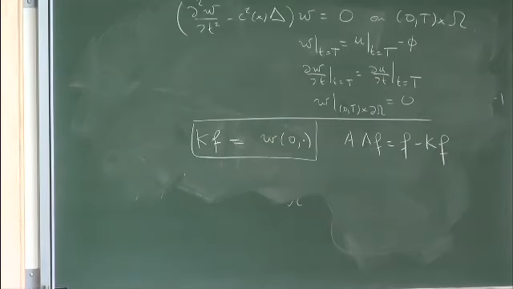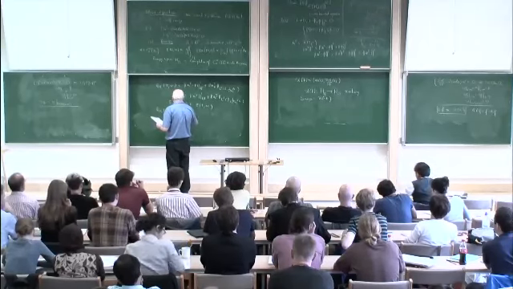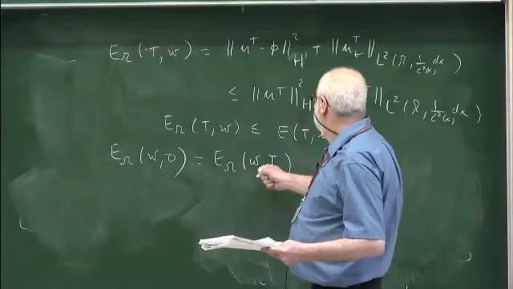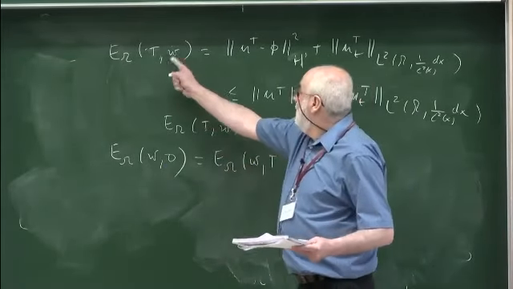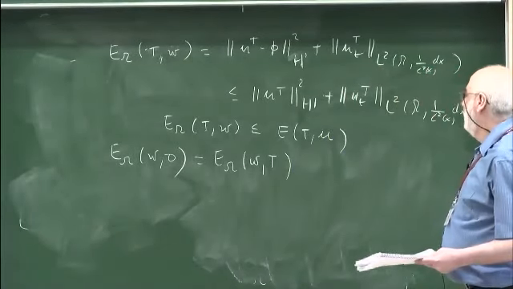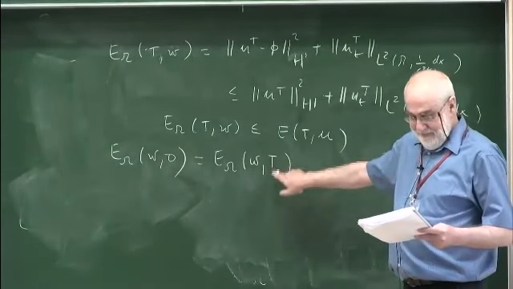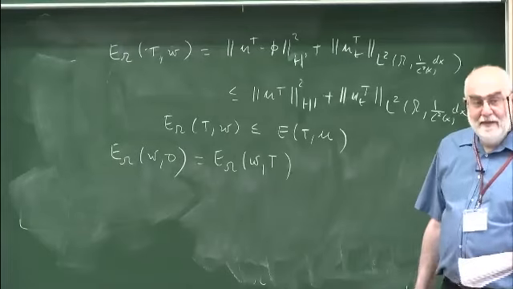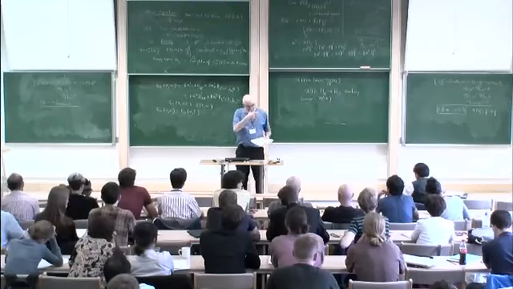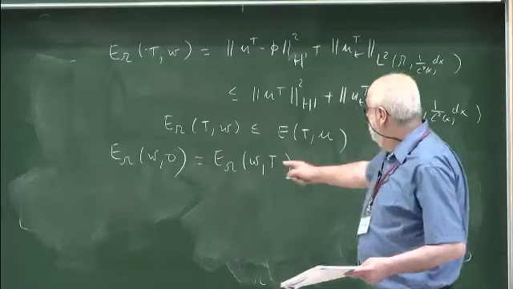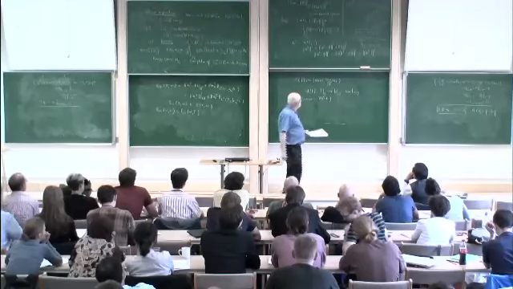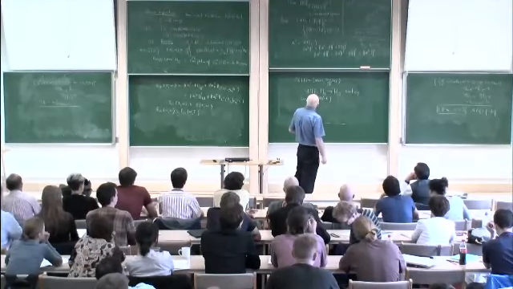Okay, this is equal to the energy of W at T. I'm using here the convention that TW or WT is the same; the order doesn't matter. Why is this? Conservation of energy, right? Because W satisfies a Dirichlet condition at the boundary.